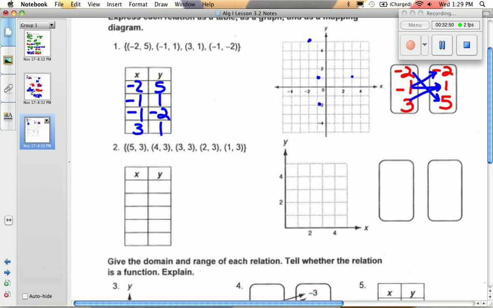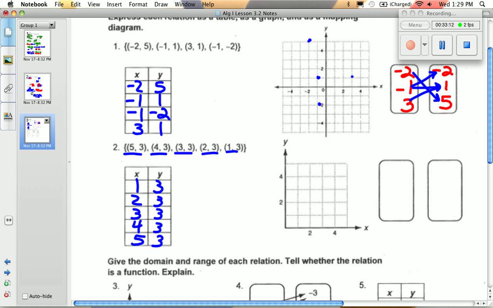Okay. Remember numerical order. 1, 2, 3, 4, 5. They all have a y value of 3. Go ahead and graph those.